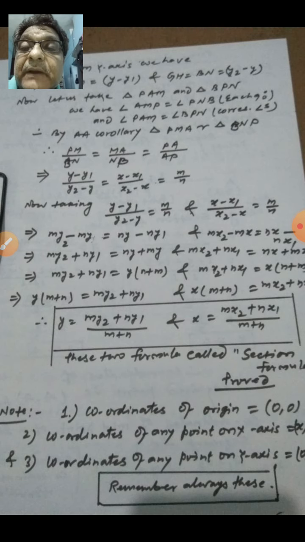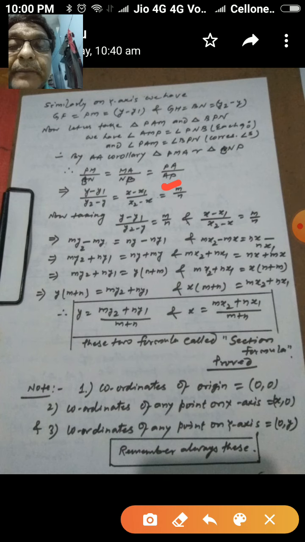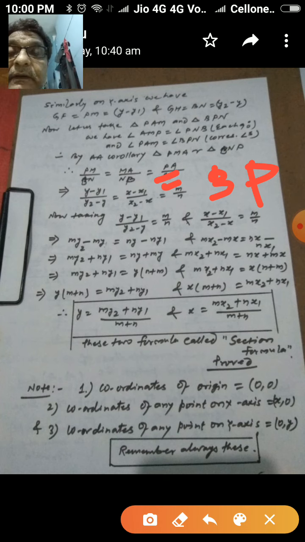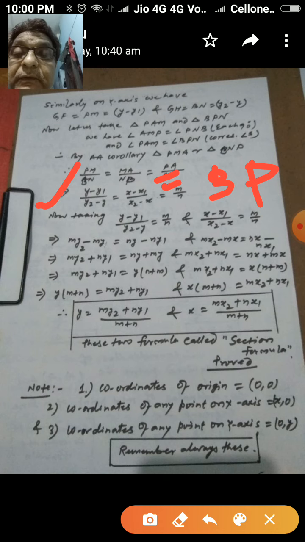Therefore, by the similarity rule, PM by BN is equal to MA by NP is equal to PA by BP. Now these distances we have already calculated earlier. So putting in the values, we have the relation y minus y1 by y2 minus y is equal to x minus x1 by x2 minus x is equal to m by n.